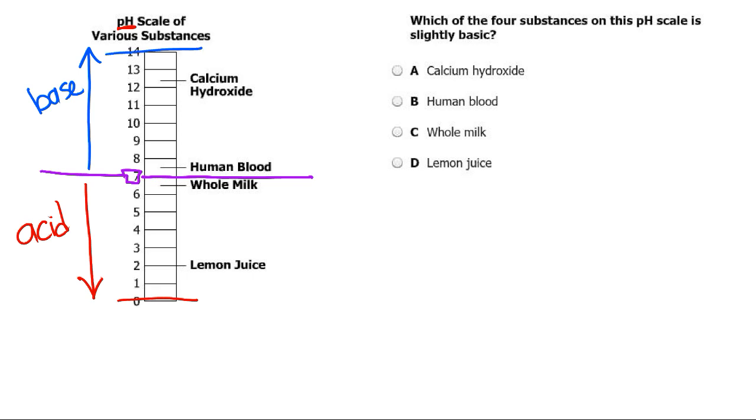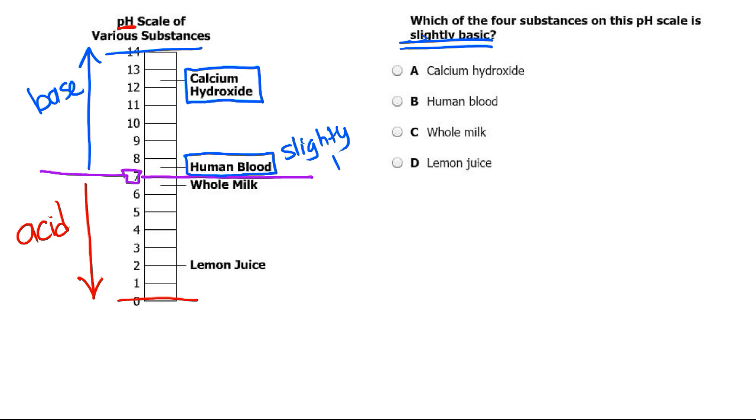If this is slightly basic, you're looking for something that is greater than 7, but not much greater than 7 relative to something else. So calcium hydroxide is a stronger base than human blood, which is considered to be slightly basic because it is about a 7.5. So human blood would be considered slightly basic.